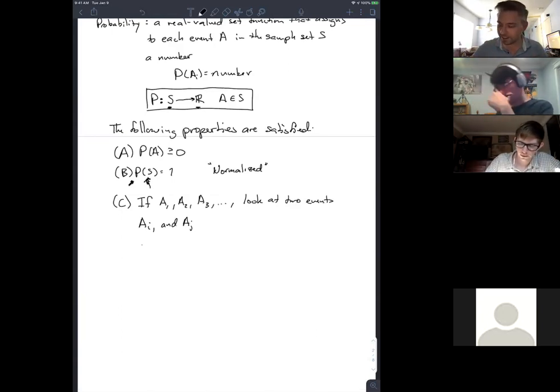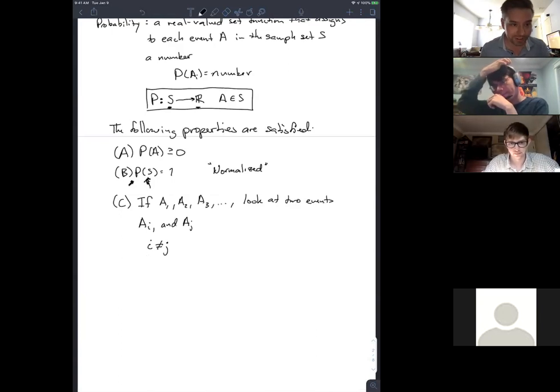That is, I is not equal to J. I'm looking at two separate possibilities.